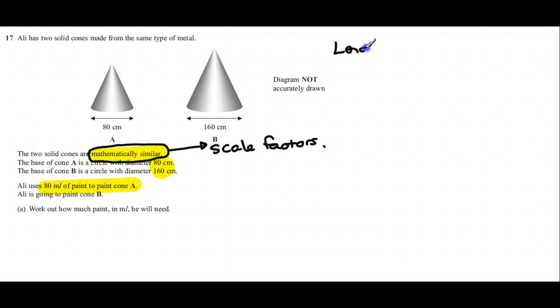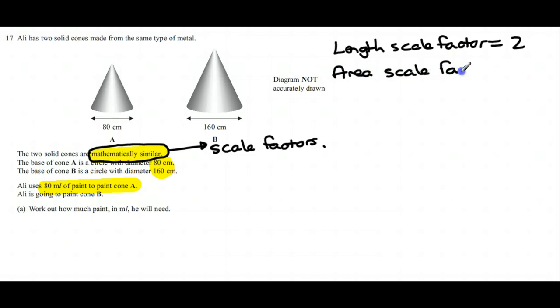And what we've been given is information to tell us the length scale factor. Now the length scale factor between the two shapes is 2, because B has twice the diameter of A. So the length scale factor is 2 because B is twice as big as A. However, the area of the shapes is not twice as big.